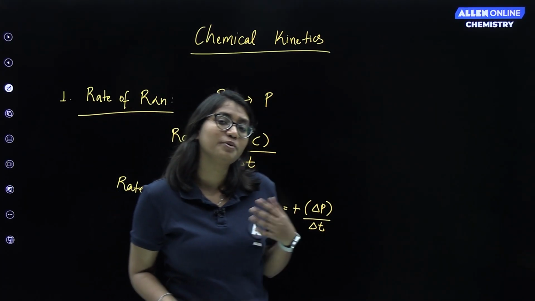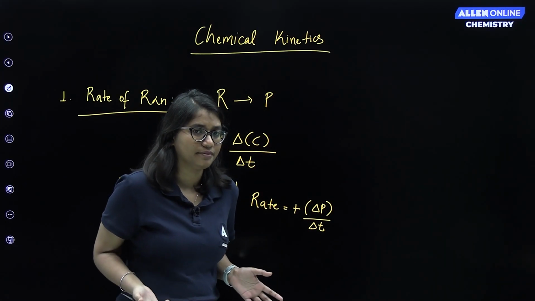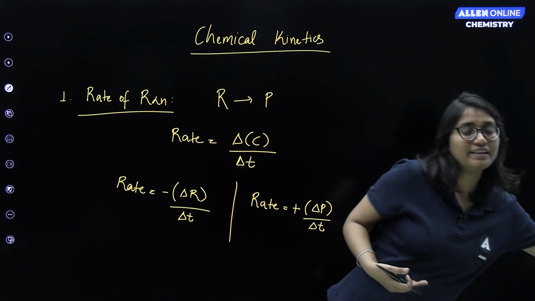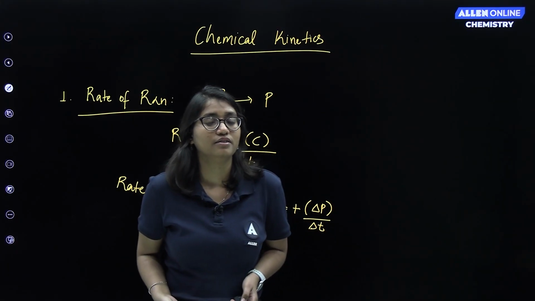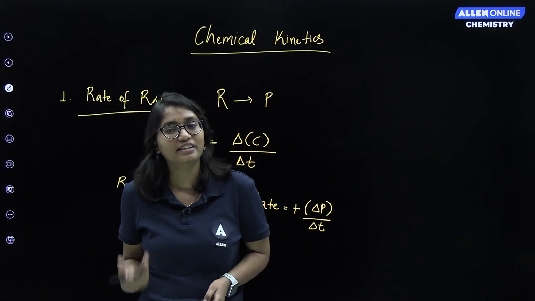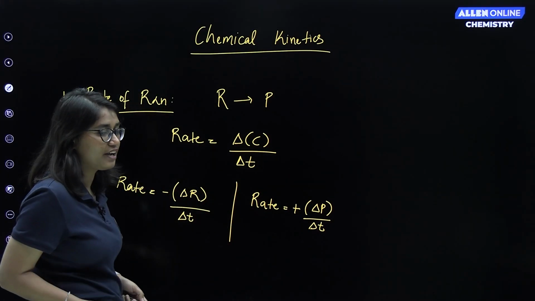Now that we know how to measure this rate, the next question is, on what factors does this rate depend? Why does increasing temperature make the reaction faster, while powdered solids react faster than larger pieces? So let us discuss the factors affecting the rate of reaction.